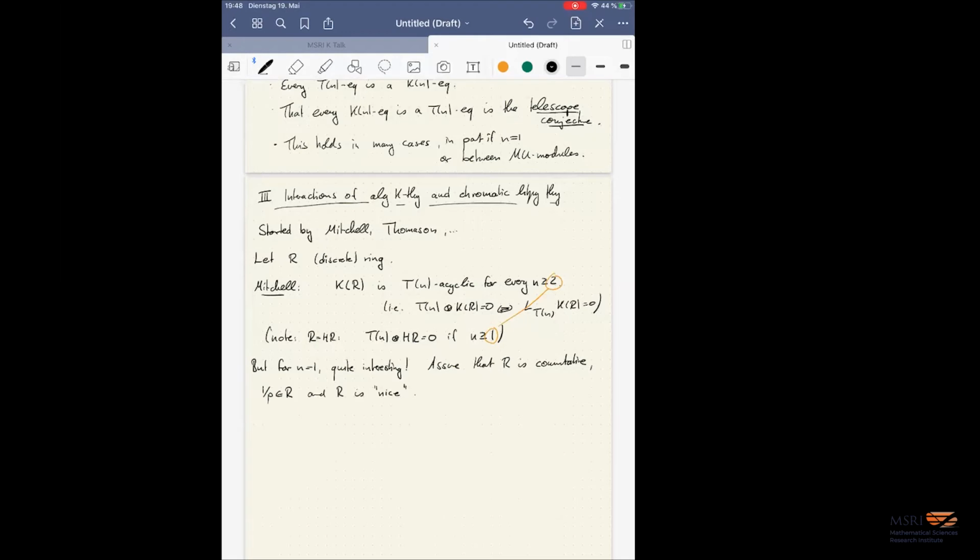So it's a consequence of the norm residue theorem of Voevodsky and Rost, plus work of many, many people. I should certainly name Thomason here.